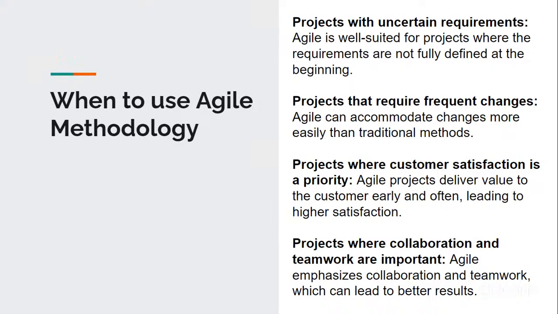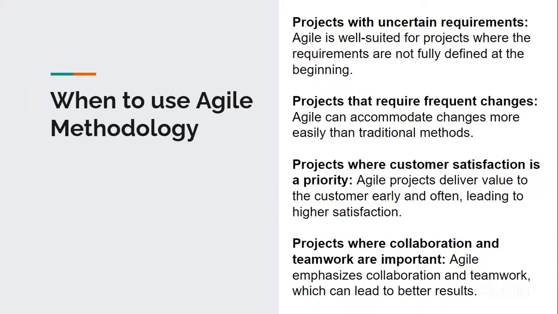Agile is well suited for projects where the requirements are not fully defined at the beginning. So when you are carrying out the project and the requirements are not well defined, maybe along the project, they remember there is something that they want to include. That's when you use the Agile project.